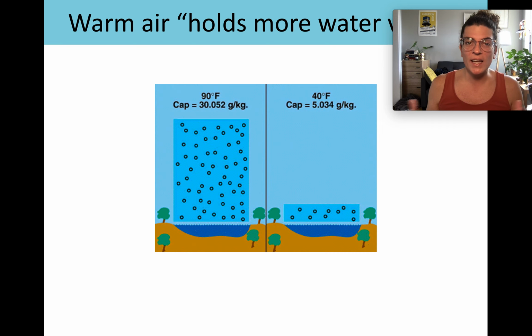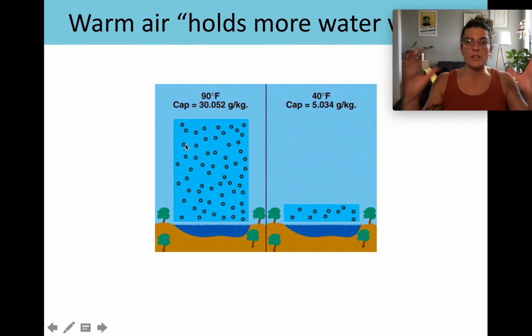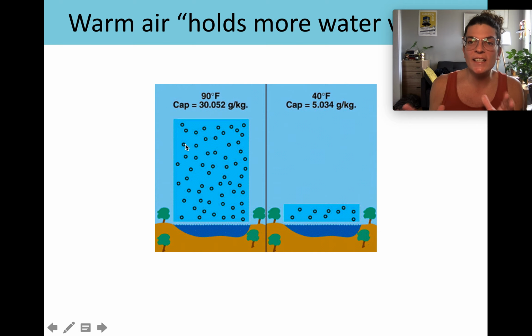So let's take an example. We have a parcel of air at 90 degrees Fahrenheit, and then a couple hundred miles away, let's say we have a parcel of air at 40 degrees Fahrenheit.